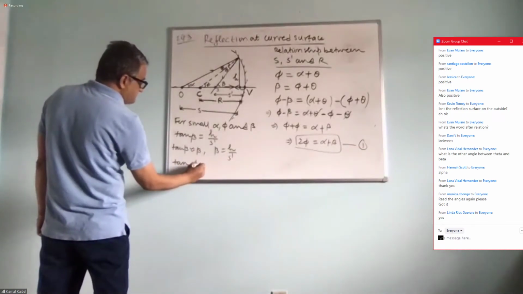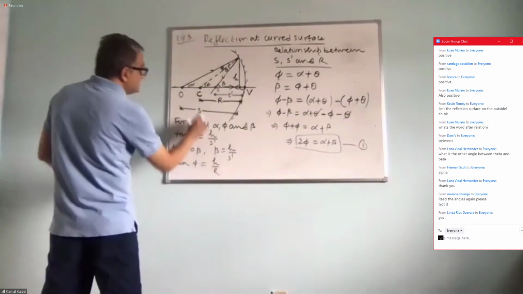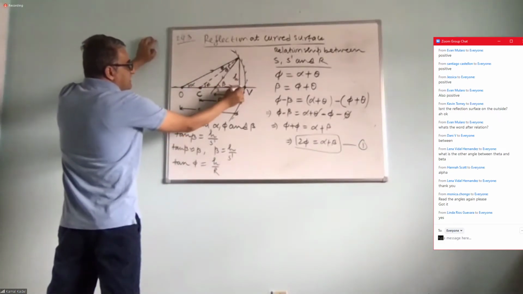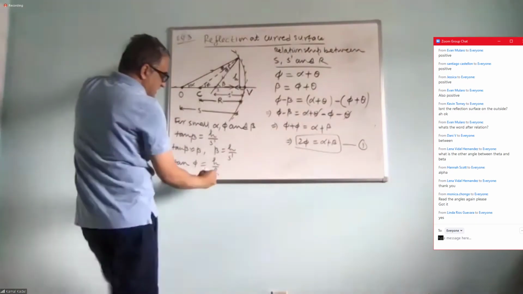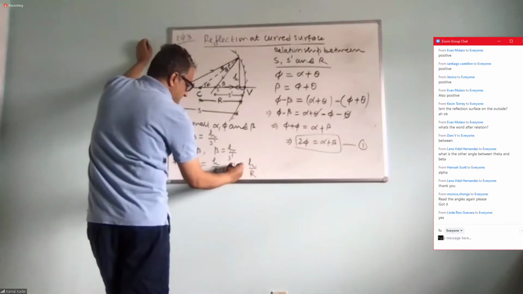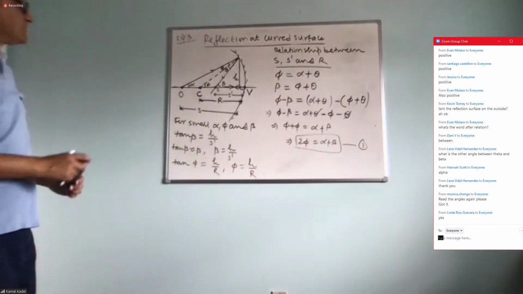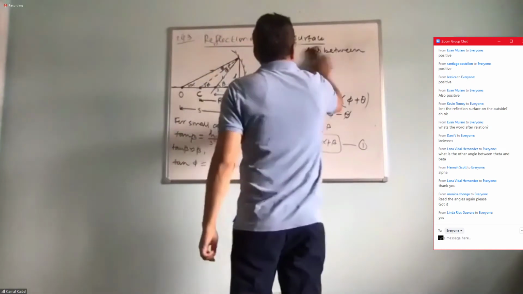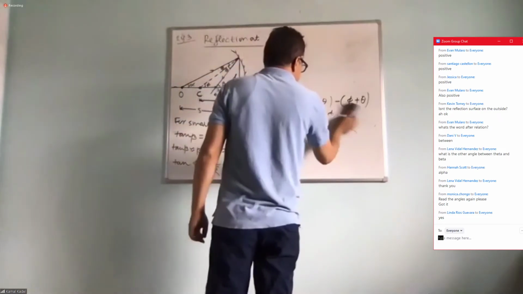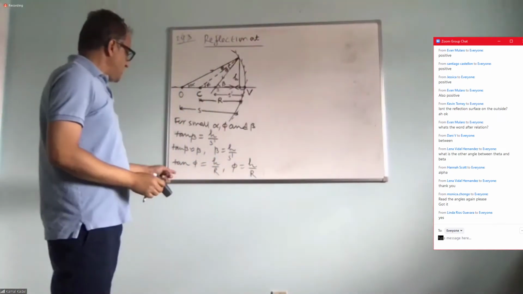tangent phi equals h divided by r. This is phi here. For tangent phi, that will be h divided by r. This is r from here to there, right? And for a very small angle, we can write phi equals h divided by r. Now we do the same thing here.